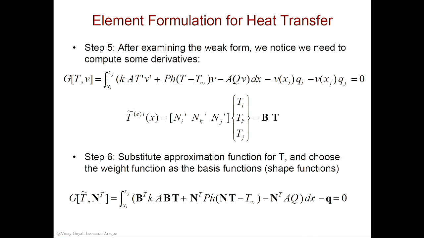Okay? I guess I'm asking in the first term, why is it B transpose and regular B also? So the question is why I have a B and a B transpose. Is that your question? Yes. So the answer is because I have a T prime. When I substitute T prime, that's BT. And then when I substitute V prime, it's basically this matrix right here, but transposed.